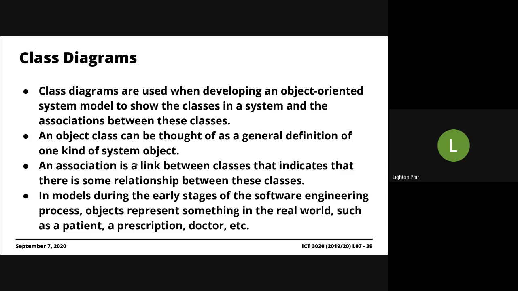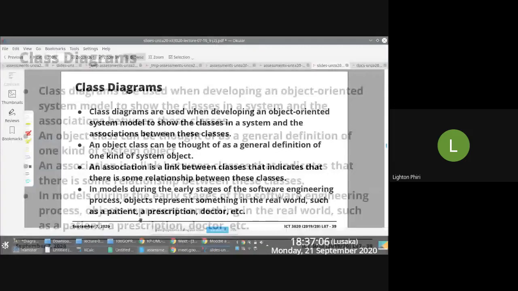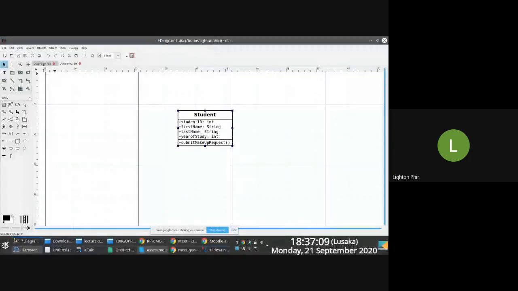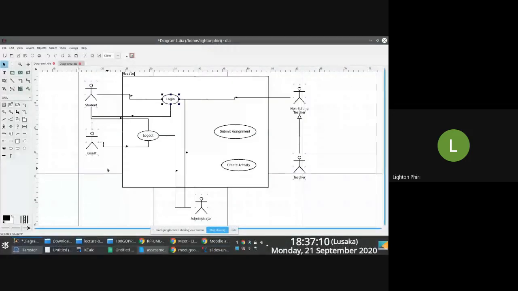generalization. So if we were to latch on to this particular example here, and we said we wanted to create a teacher class and a non-editing teacher class, would have attributes and operations associated with, hopefully, associated with a non-editing teacher, but instead of replicating some of the things that we have here, we can just generalize. We can generalize this, right?